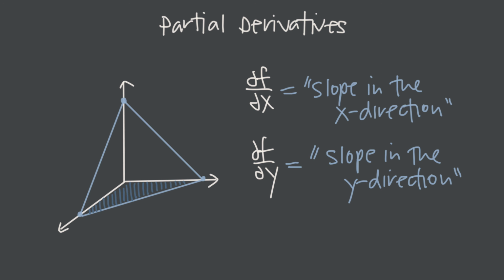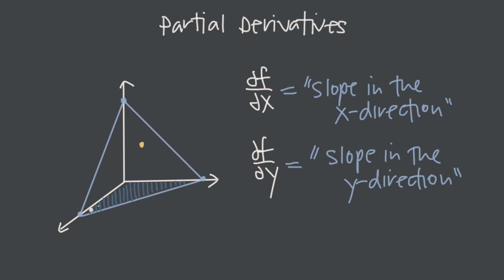So let's pretend that I'm interested in the derivative of this surface at this point right here. Let's say this is a point on the surface. So the surface is reclining away from us, and that point is just sitting right on this surface. If I find the partial derivative with respect to x at that exact point, what I'm saying is the slope of this surface in the x direction.